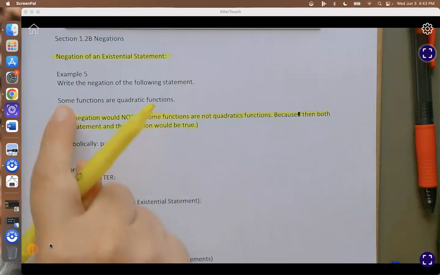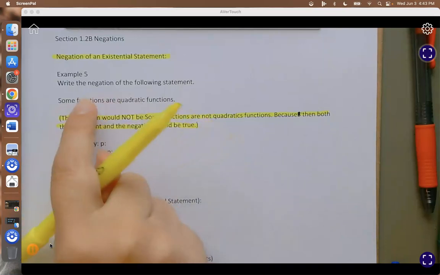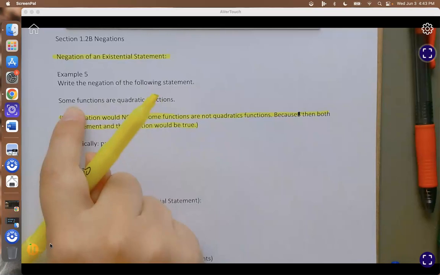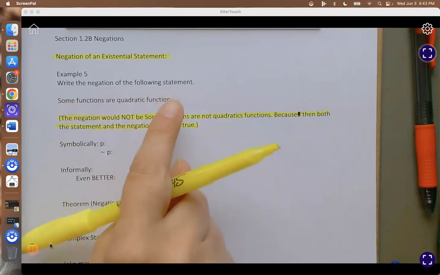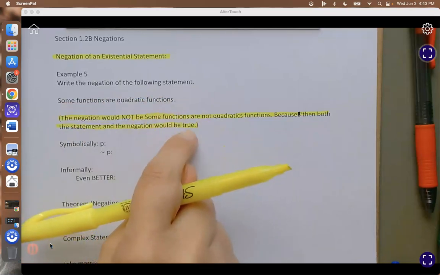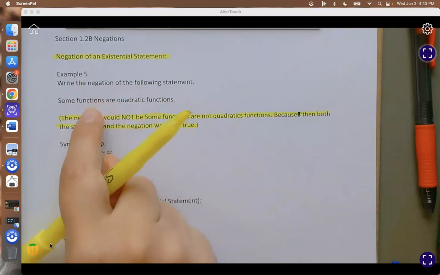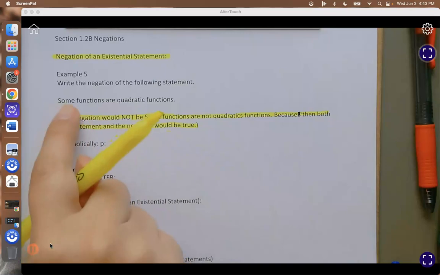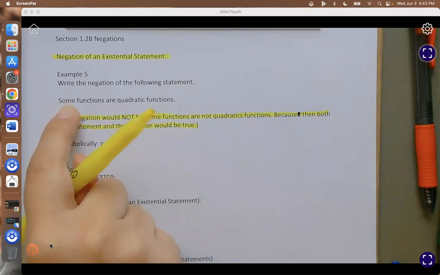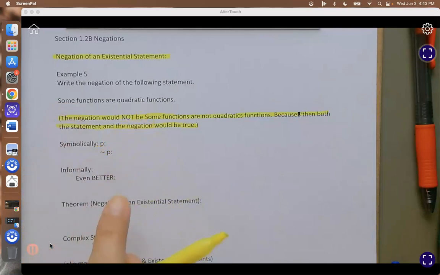Some functions are quadratic functions, some functions are not. Because some means it could be or not be, and remember, negation changes the truth value, which means it would become false. So remember, when you negate an existential statement, it becomes a universal statement.